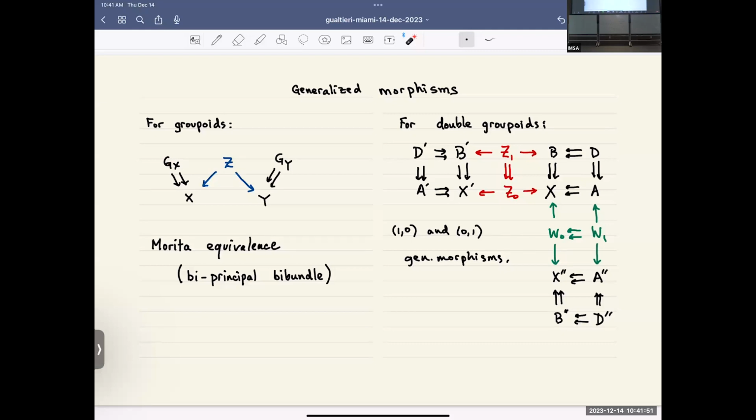The simplest example of this is where you have a connected manifold X and you choose a base point. Then you could take the fundamental group of X based at x naught. That is a group, which means that it's a groupoid over a point.